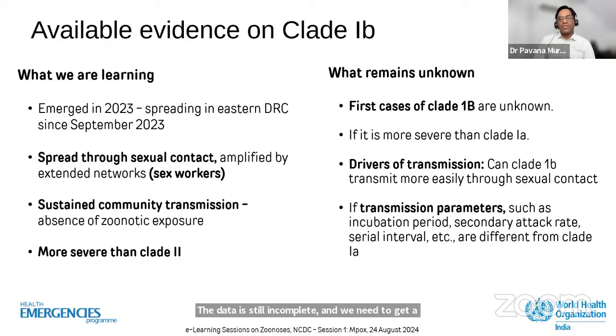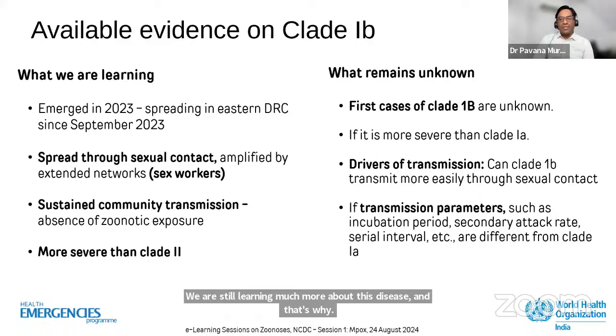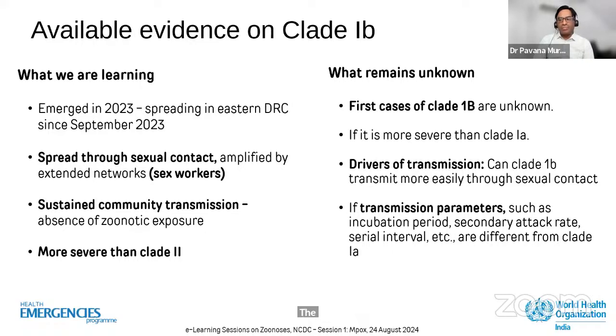Of course, things like incubation period, secondary attack rate, serial intervals, we are still learning much more about this disease. And that's why the WHO has declared this a public health emergency of international concern.